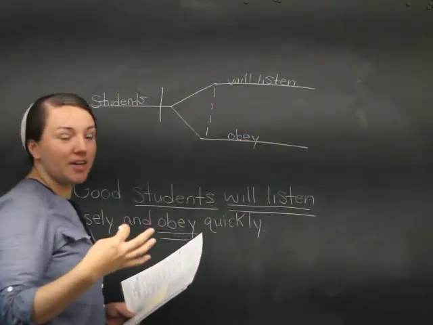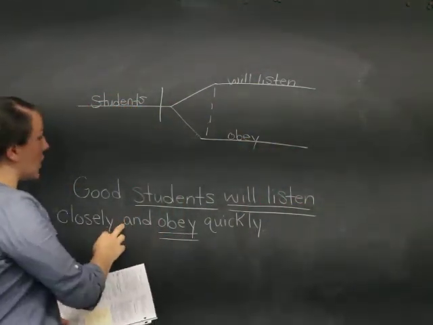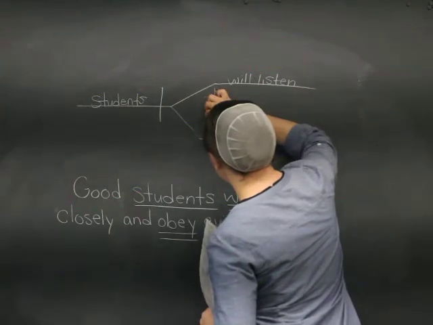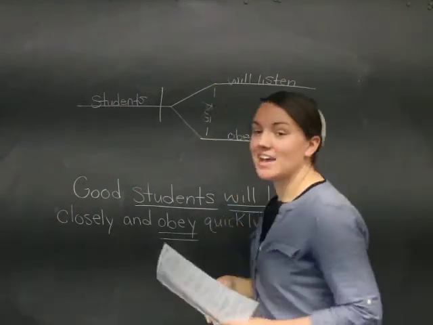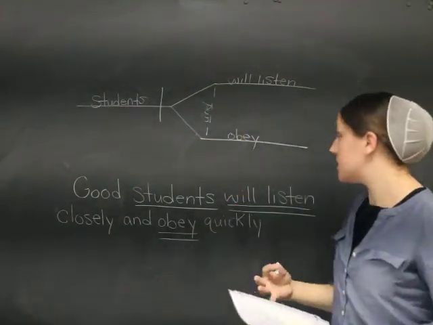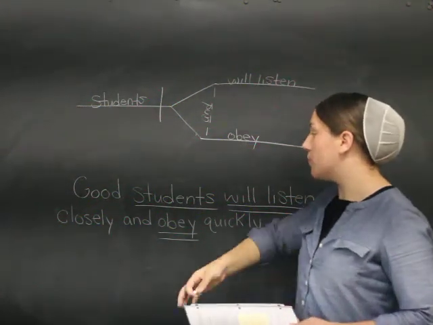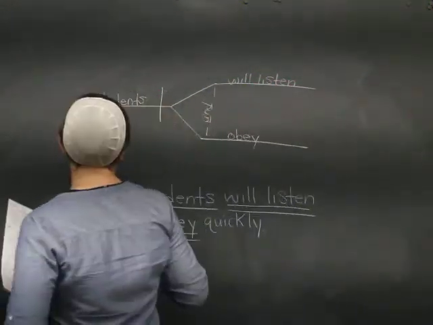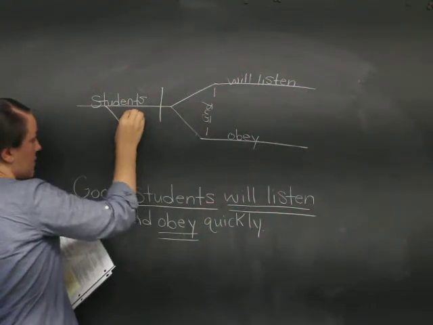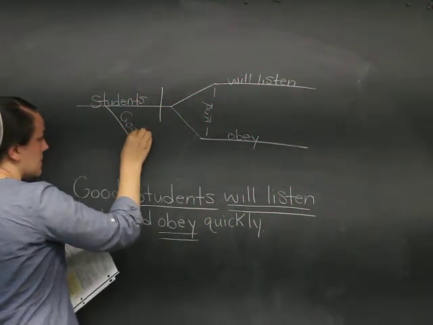Your connecting word, and, goes on the dashed line here on the rocket ship, okay? So now you have students will listen and obey. Good is modifying students. It is an adjective, put that underneath students.